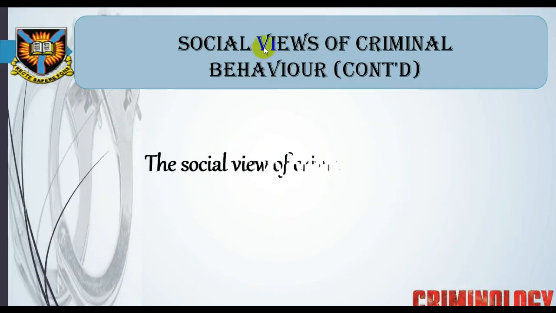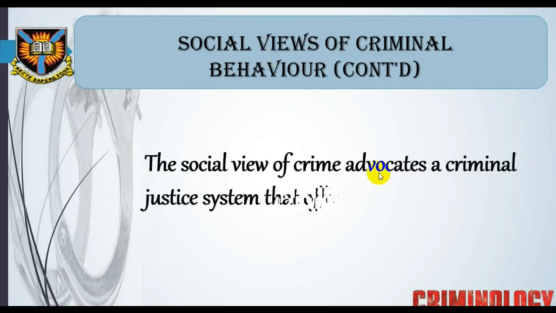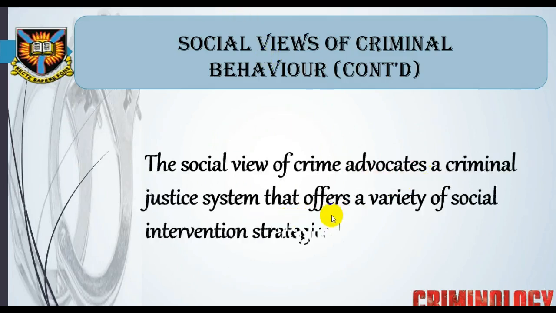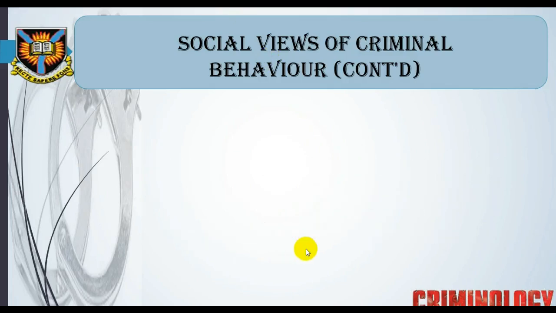The social view of crime advocates a criminal justice system that offers a variety of social intervention strategies (Cullen, 1983).